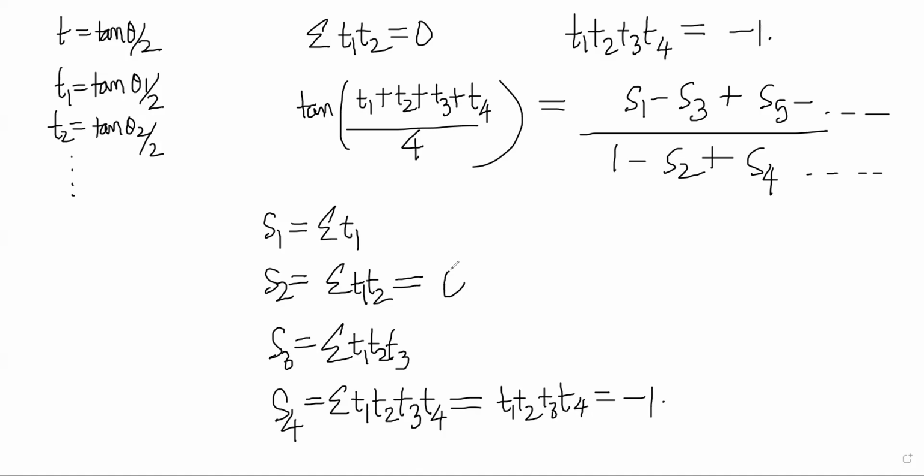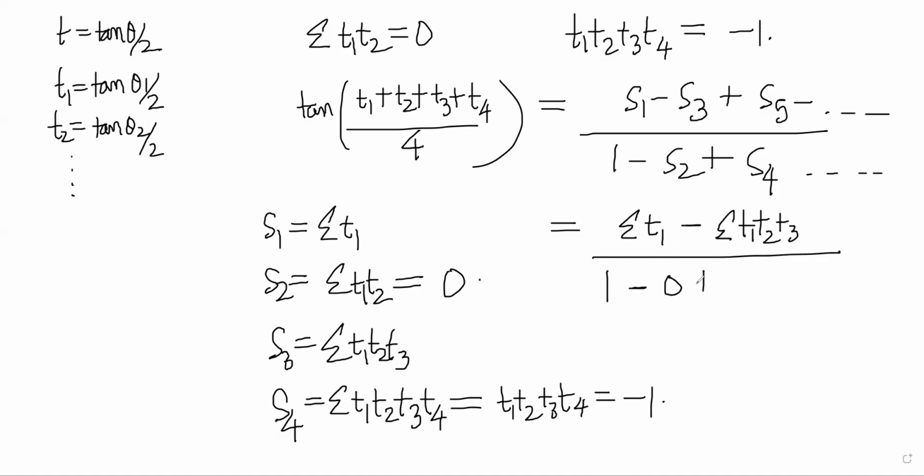And S2 is also 0 for us, right? So this value is becoming sum of all the T1s minus S3. We don't know what that is. But we know that it is going to be written as minus sum of T1 T2 T3. But look at the denominator. It is 1 minus 0 plus S4, which is minus 1.